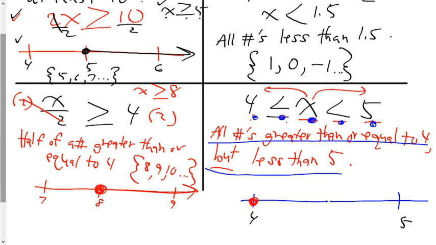All numbers less than 5 means an open boundary. And all the numbers on that red spectrum would be numbers that would fit into that inequality. Those numbers would be 4.1, 4.2, 4.268, random complete number all the way to 5.